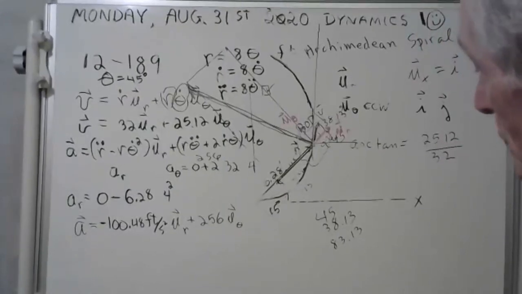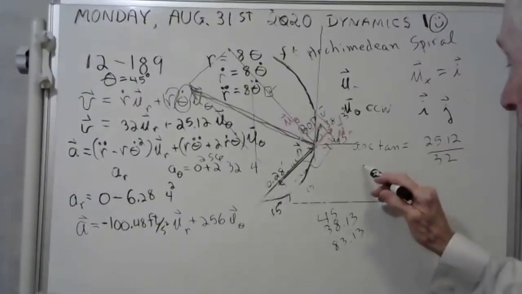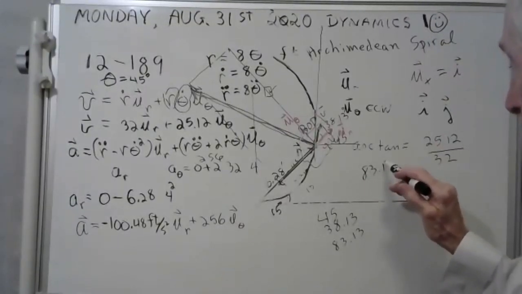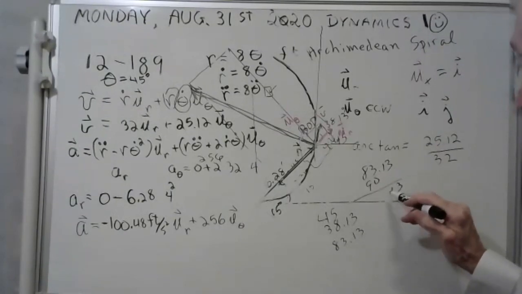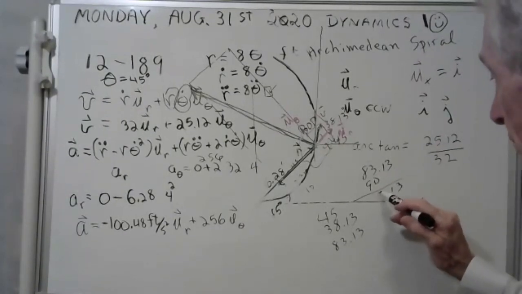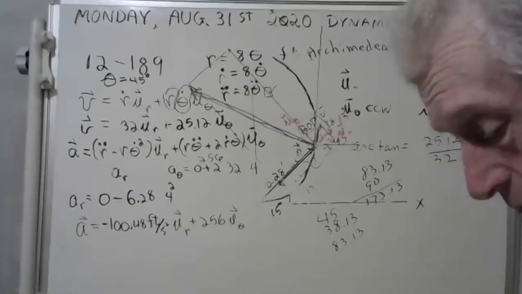And 90 degrees from 83.13. If you don't understand what I'm doing, don't worry about it. I'm just showing you here how to get the tangential and normal. 173.13. Okay, let me show you where that is.